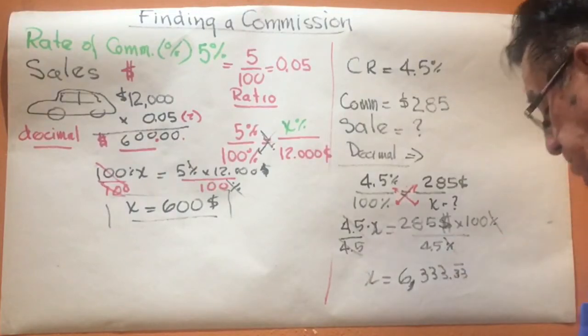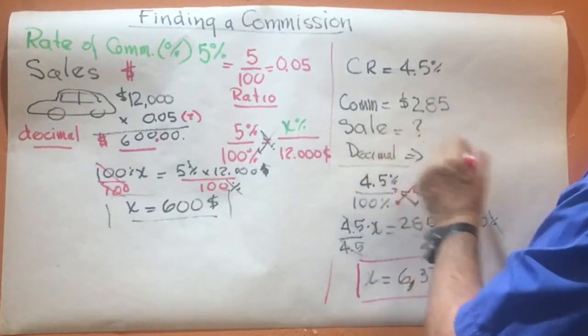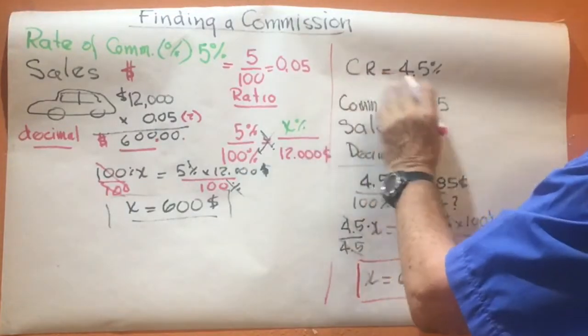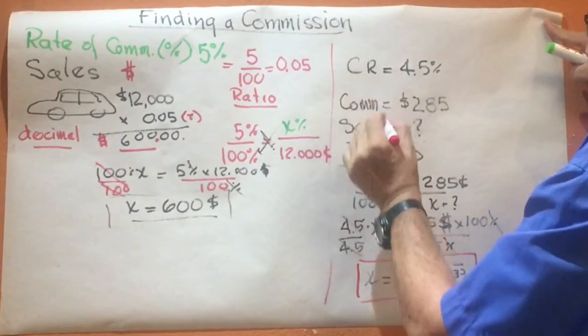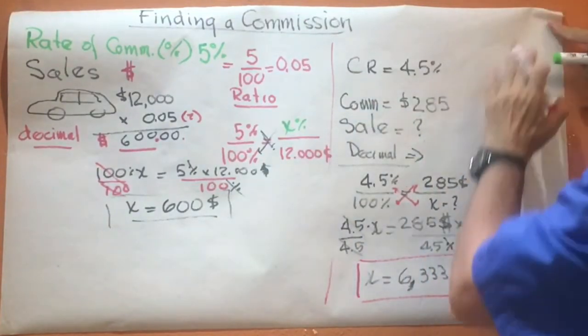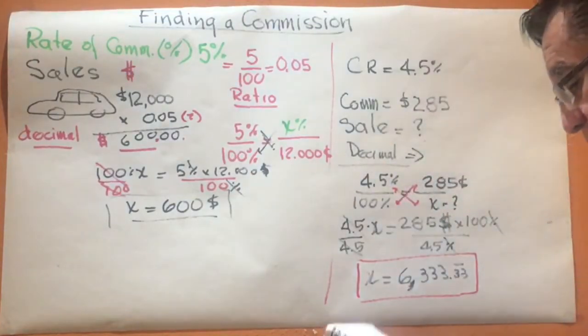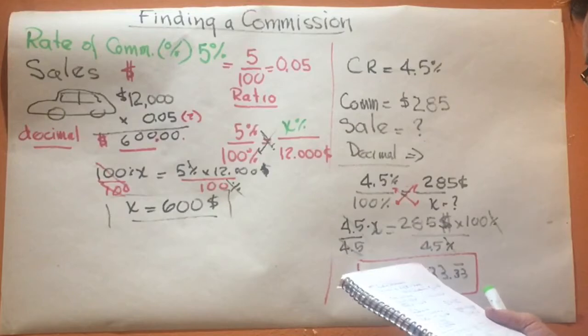Okay, so this is the way you can find the sale once you know the rate of commission and the commission you made. All right? Well, what happens if I have to use my other method?